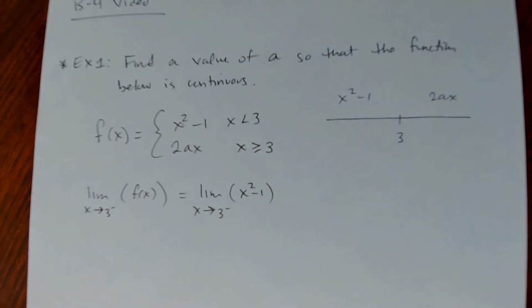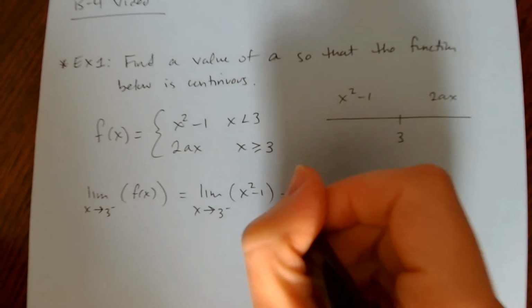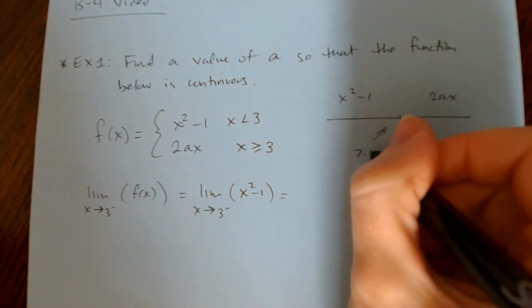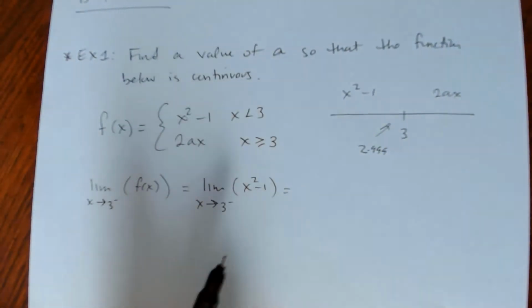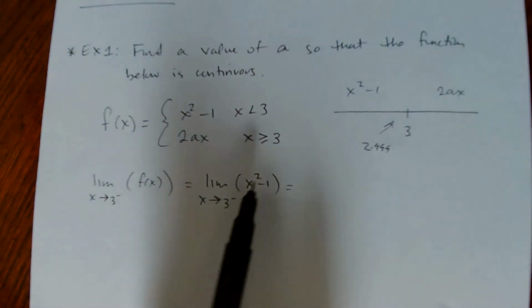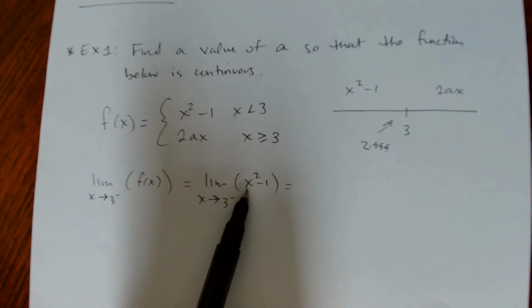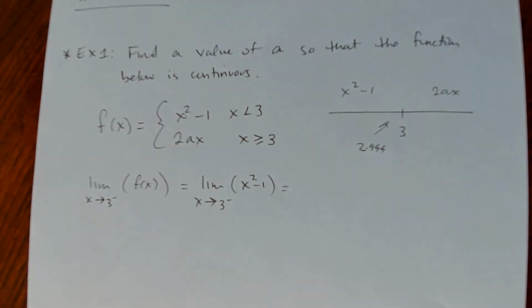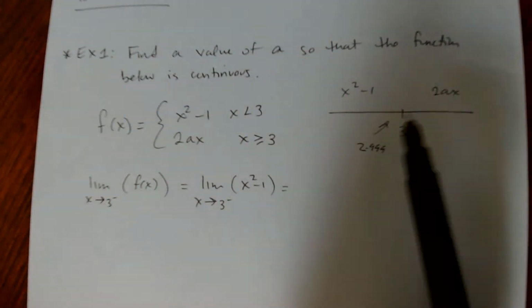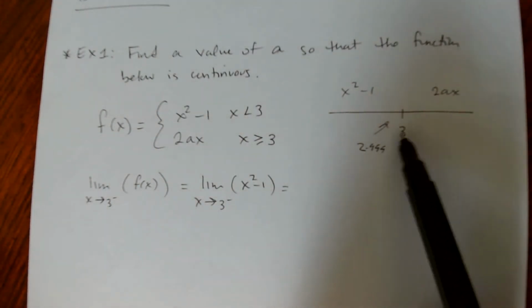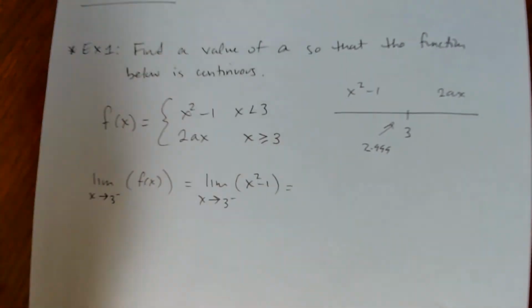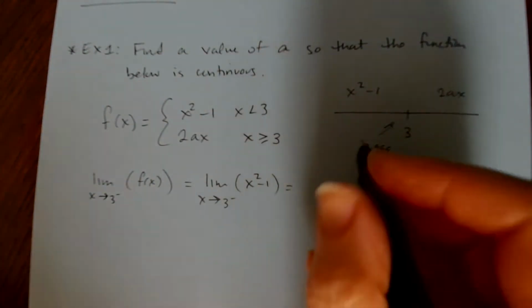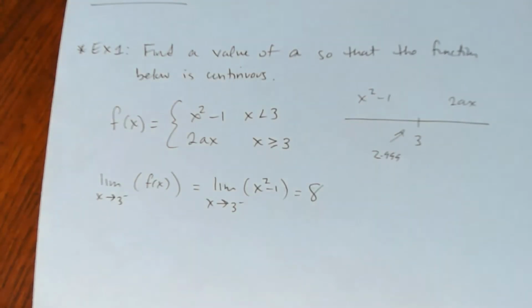Now I'm just going to think of numbers like 2.9, 2.99, 2.999. So about 3 squared is about 9, and about 9 minus 1 is about 8. And as we get closer and closer to 3 from the left, x squared minus 1 gets closer and closer to 8. So the limit is 8.